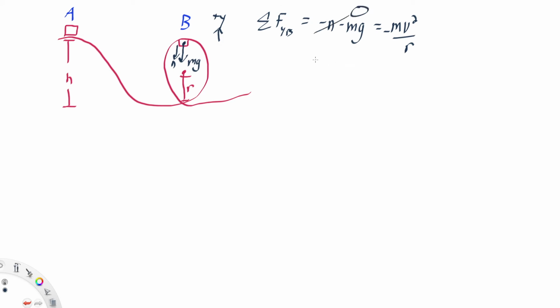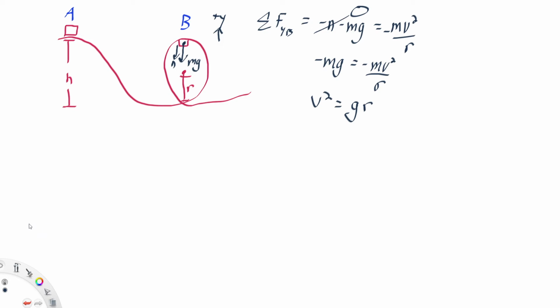So we get minus mg equals minus mv squared over r. Minus m is going to cancel from both sides, and we get v squared is equal to gr. That ends our force analysis.